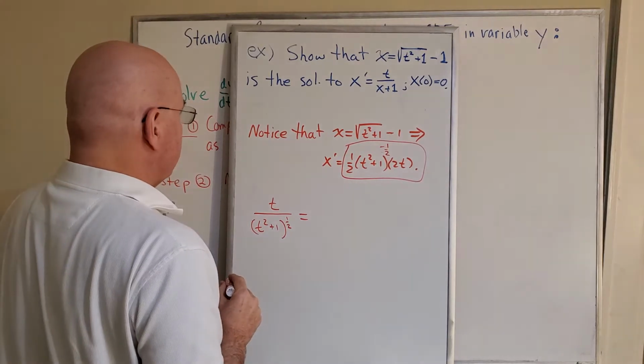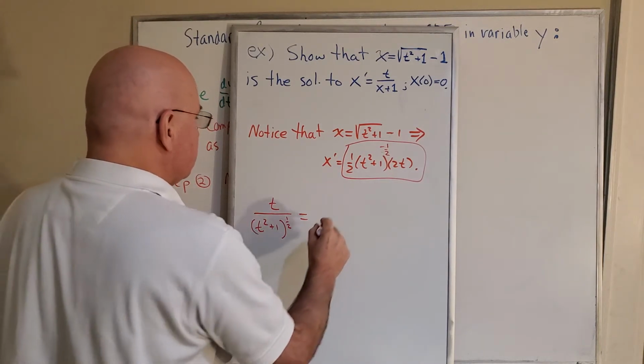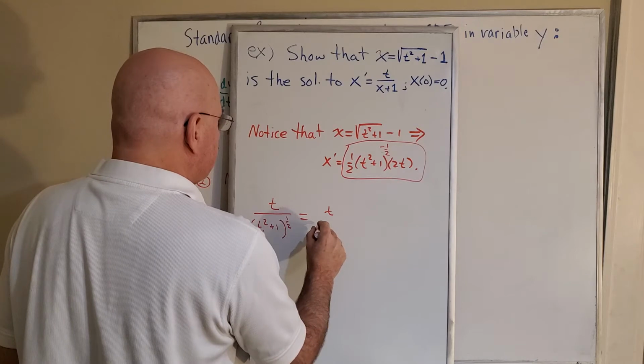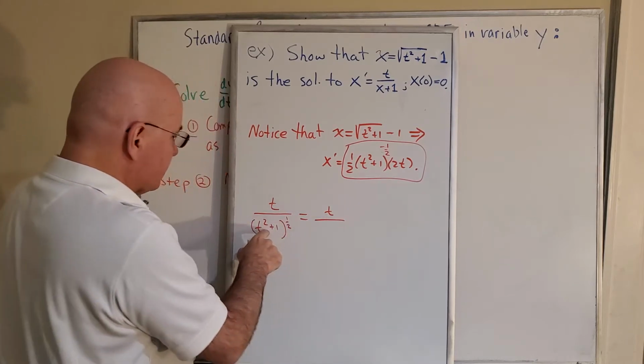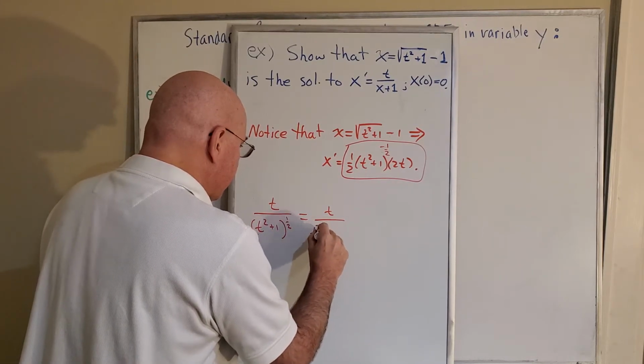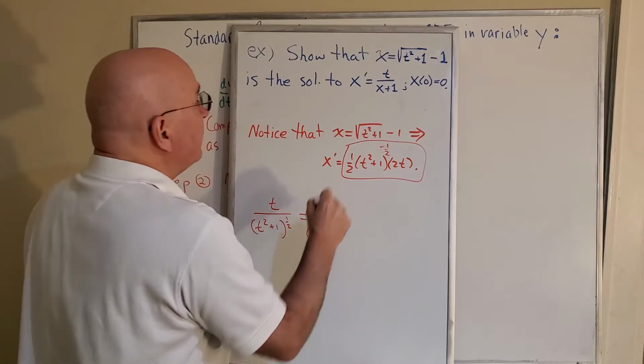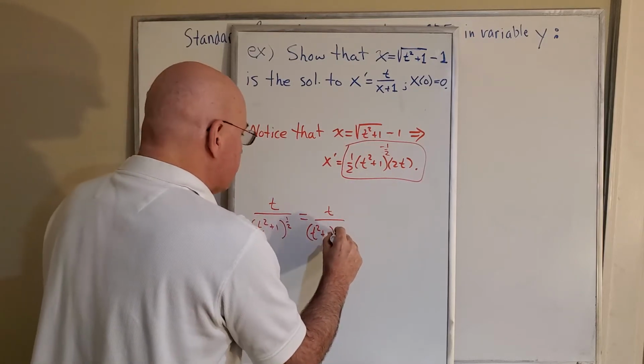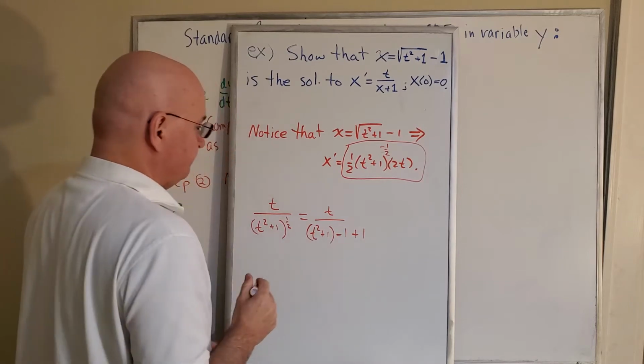Okay, so t over, so this, I'm just going to take it and write t squared plus 1. And I want it to have a minus 1 there, so I'm going to put minus 1 plus 1.